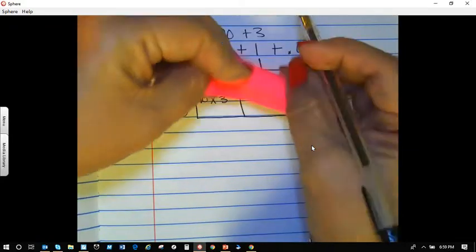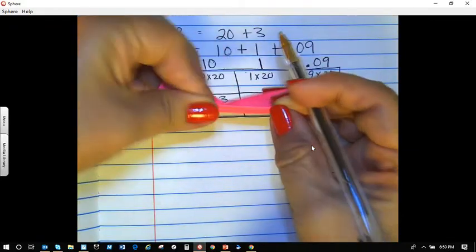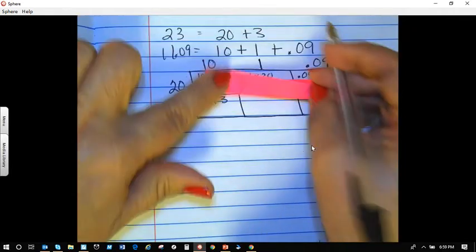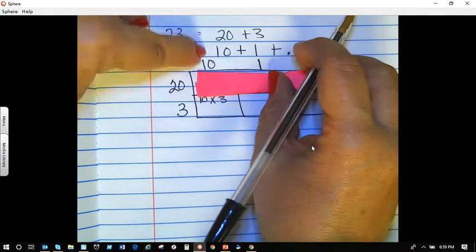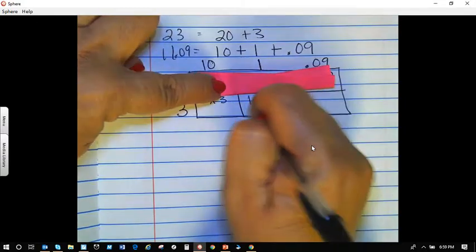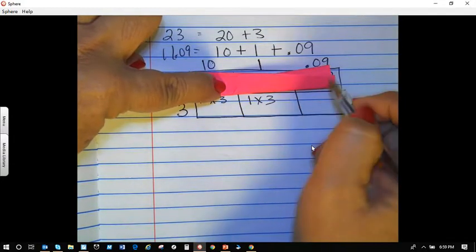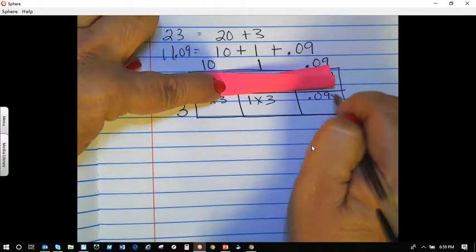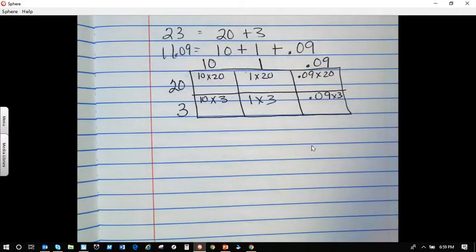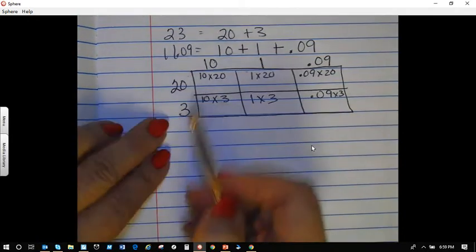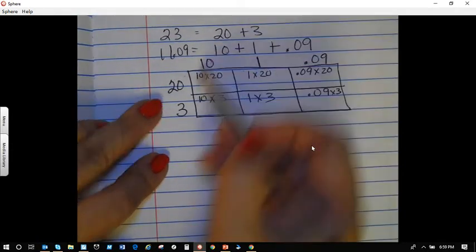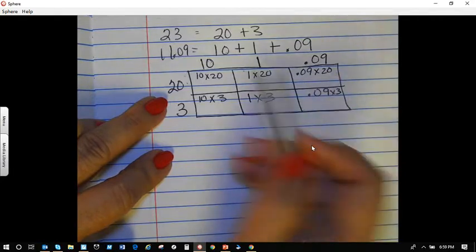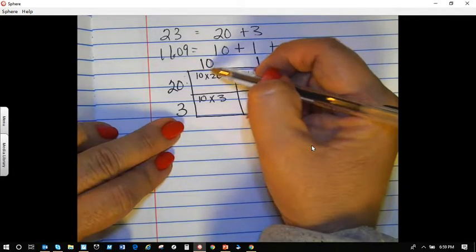So I'm going to kind of hide this part up here, like this doesn't exist. And now I'm doing 10 times 3, 1 times 3, and 9/100 times 3. Okay? And that's where I'm at. You can see my 3's go across, my 20's are going across or horizontal, and my 10's are vertical, coming straight down.